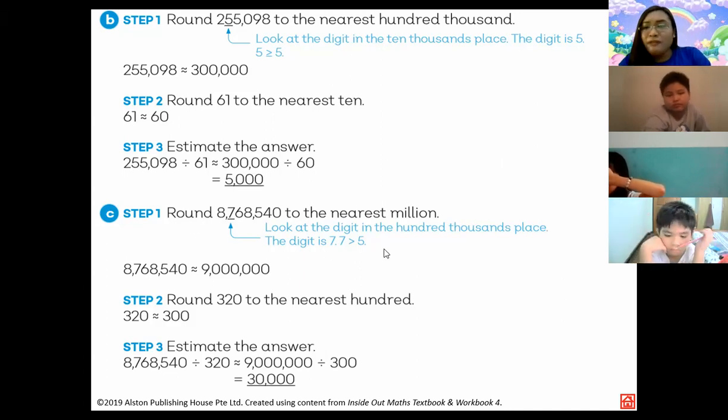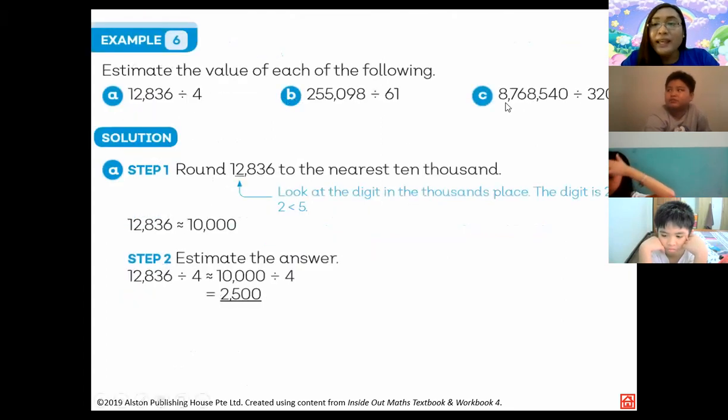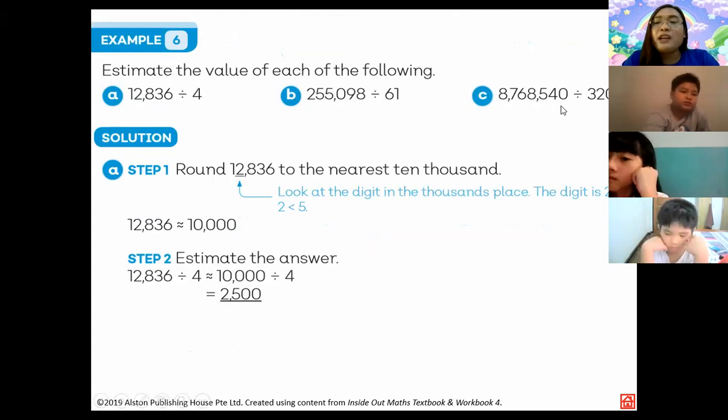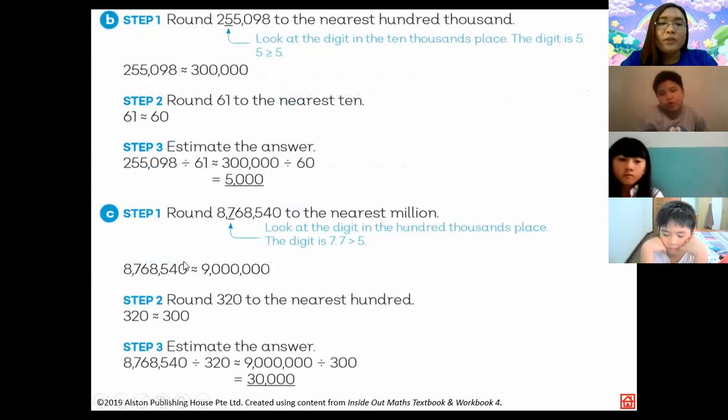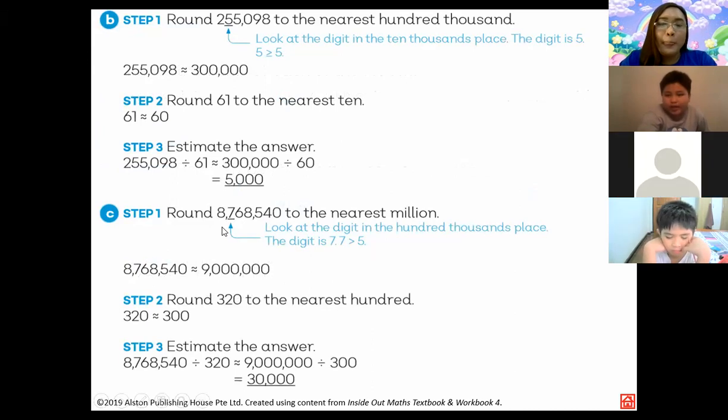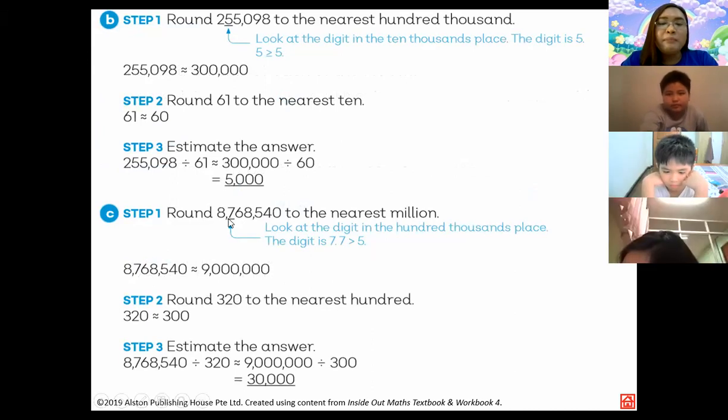In letter C, we have a larger number, 8,768,540 divided by 320. So the divisor is 3 digits. Okay, step number 1. Round 8,768,540 to the nearest million. So again, look at the digit in the 100,000s place.